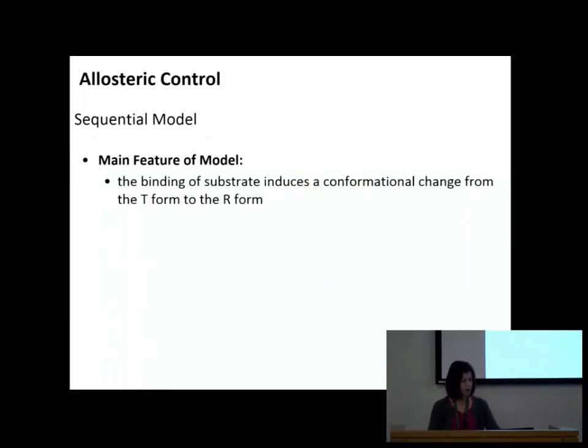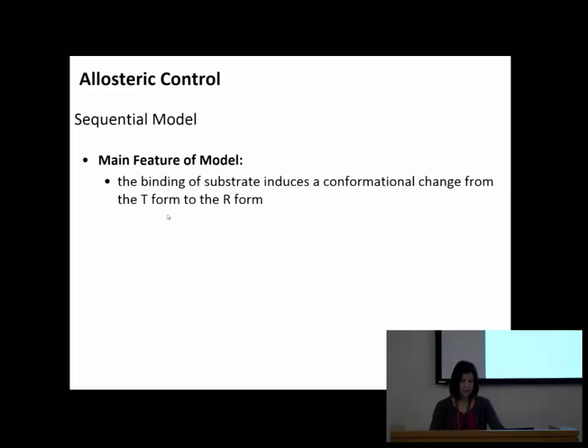of the allosteric control is the sequential model. And this has actually been called a more accurate model of behavior, and we'll talk about why in a second. So what they say is that we start all out in the taut form. It's all in the taut form, the enzyme, the hard binding.